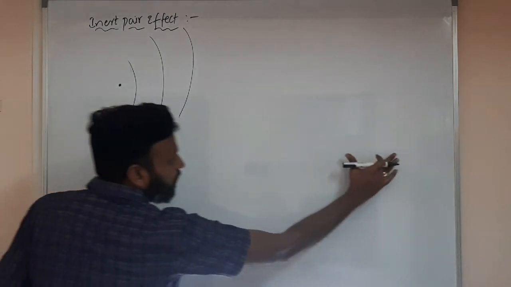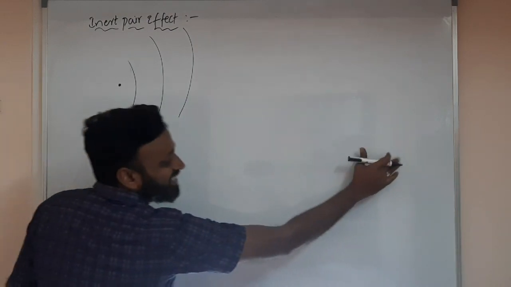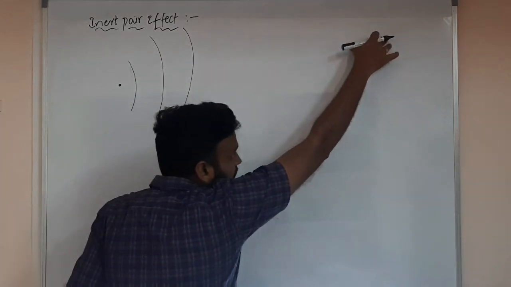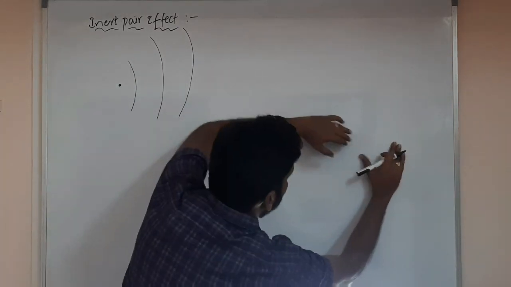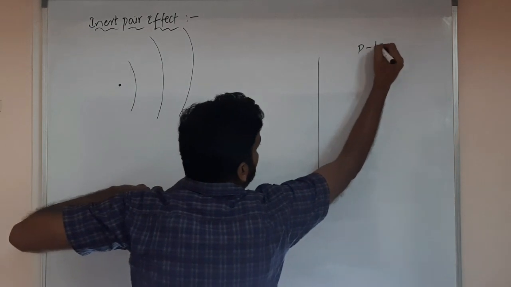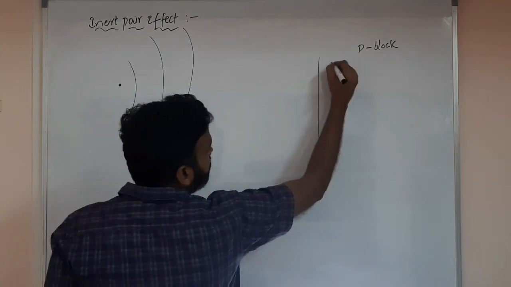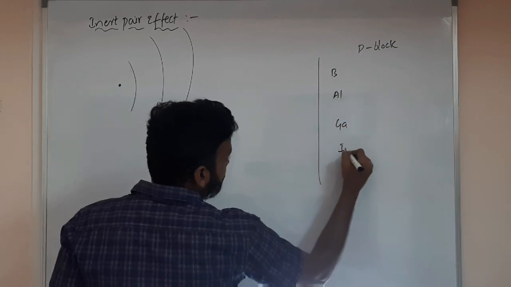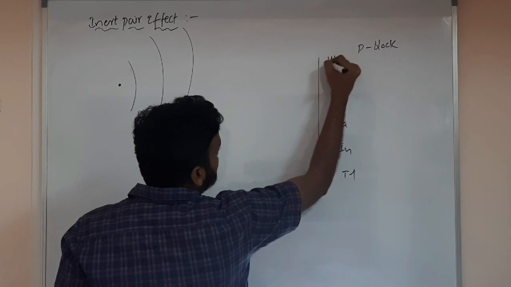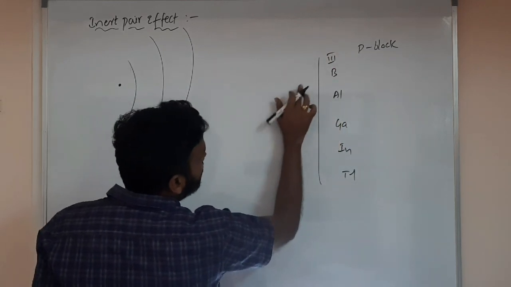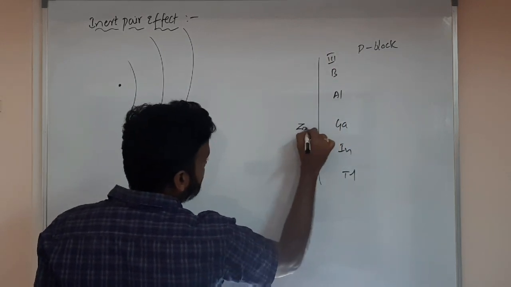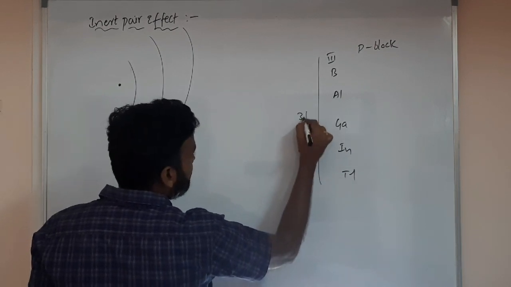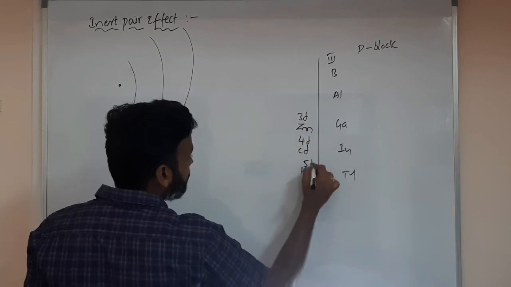So for the bottom elements in the P block, here you have the boron family: boron, aluminium, gallium, indium and thallium. Before this, here, you have zinc, cadmium and mercury. This has 3D, this has 4D and this has 5D.